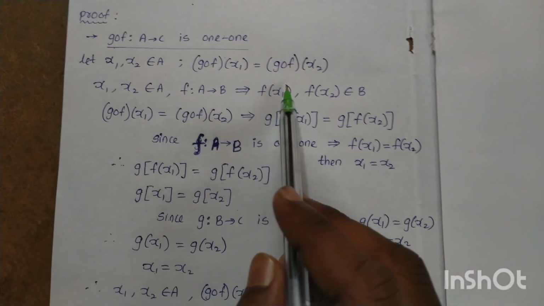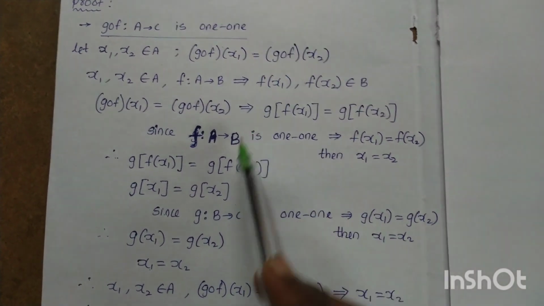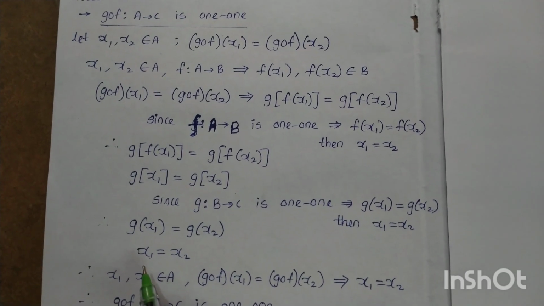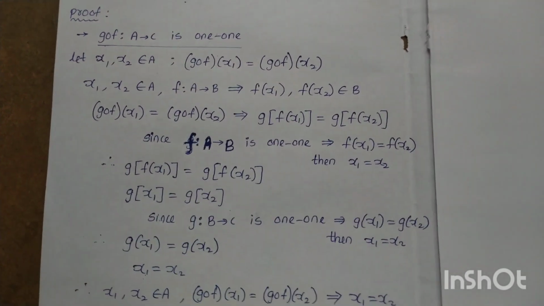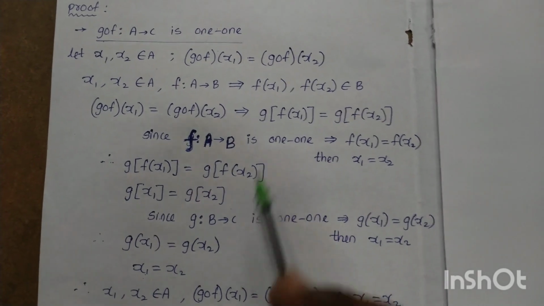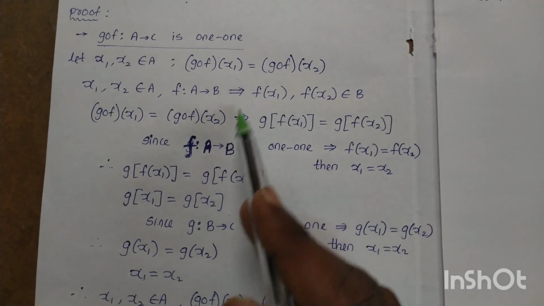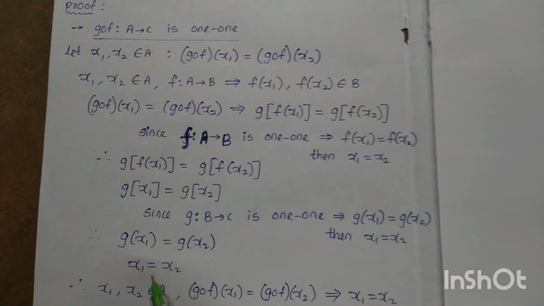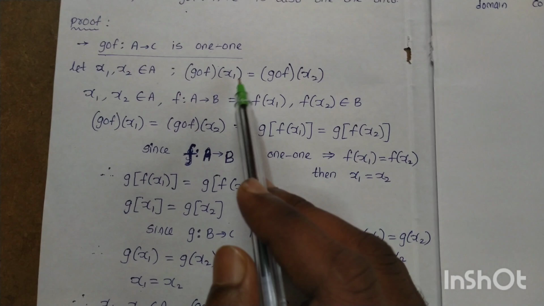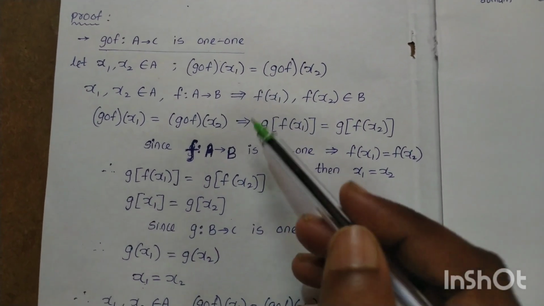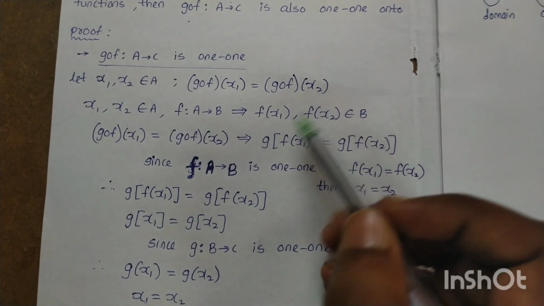So if you assume this condition, at the end you should prove that x1 equal to x2. Then we can say that gof is a one-one function. If we are able to prove x1 equal to x2, then automatically gof is a one-one function. That's why we are assuming gof of x1 is equal to gof of x2.